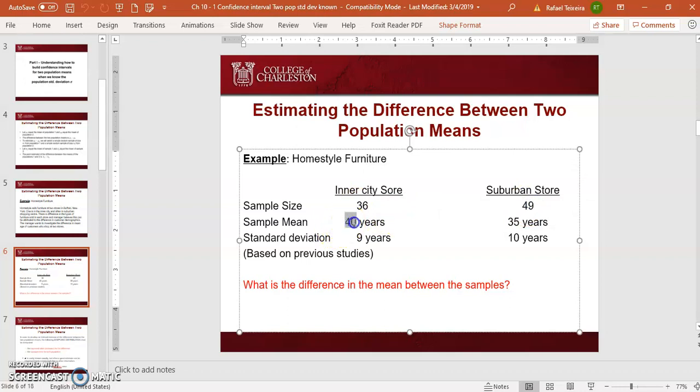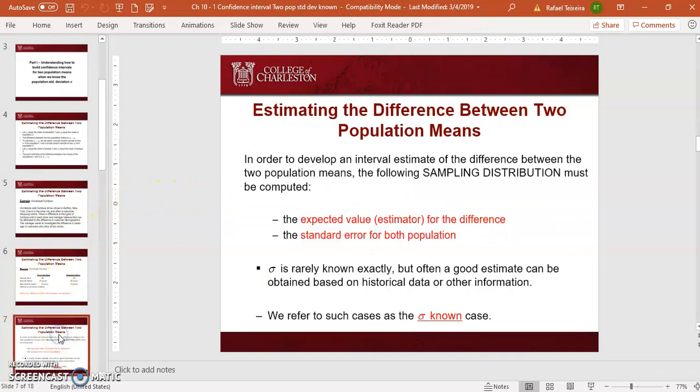In the inner city, 40 years old. In the suburban store, 35 years old. Standard deviation, 9 years for the inner city, and the suburban store has 10 years as standard deviation. So what is the difference in the mean between these two samples? Really, what is the difference? Is it too big? Is it too small? How big is this difference? Okay, so this is what we are doing.